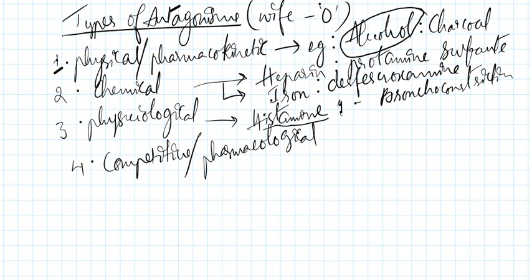And physiologically only adrenaline is released in our body, which in turn causes bronchodilation. So this is an example of physiological antagonism. Histamine causes bronchoconstriction, but adrenaline itself releases in our body, which produces the opposite of bronchoconstriction, that is bronchodilation.